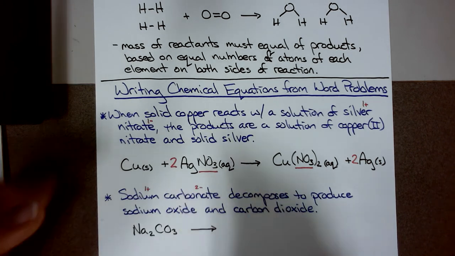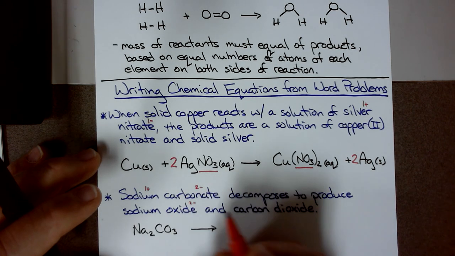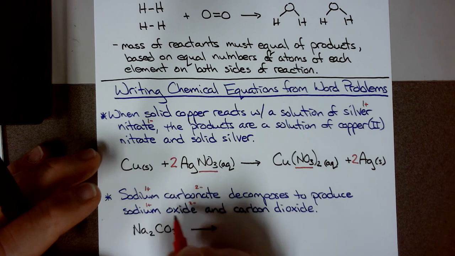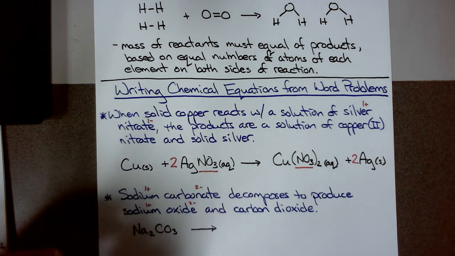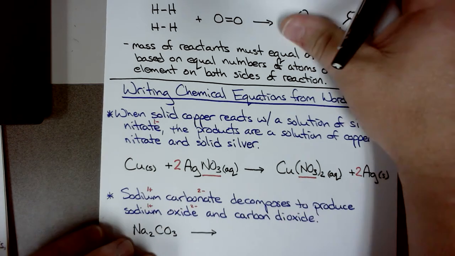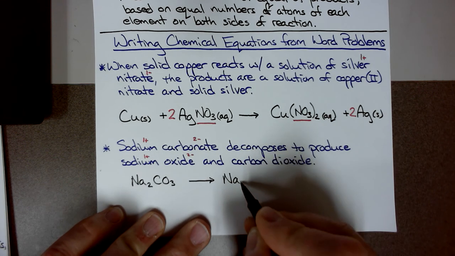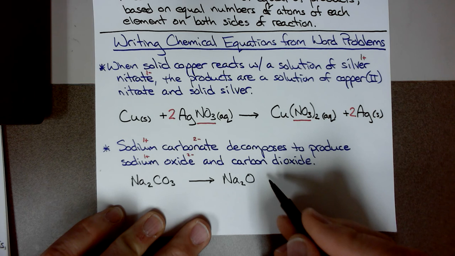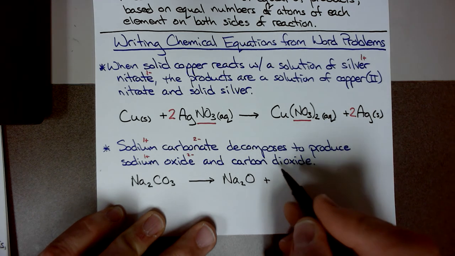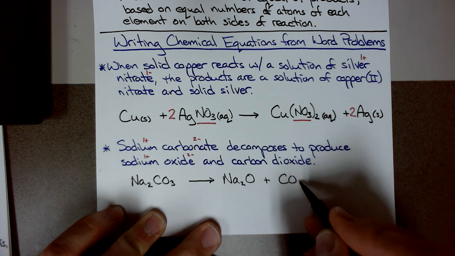Now oxide is a 2 minus and sodium's a 1 plus, so I need 2 sodiums and 1 oxide. So that would be Na2O plus carbon dioxide, or CO2.